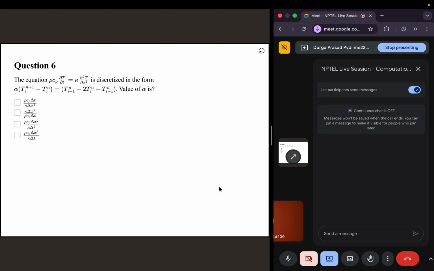This is again a straightforward one. All you have to do is take this term. We have rho Cp by kappa times, and this we would expand in terms of space. It's just a mathematical manipulation by delta t, and then we have delta x square coming from the other side.